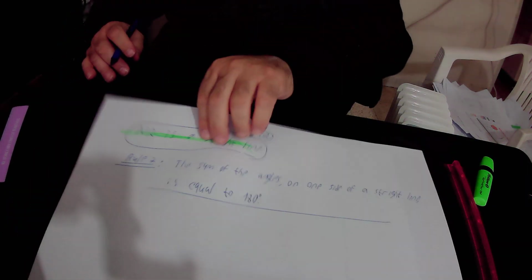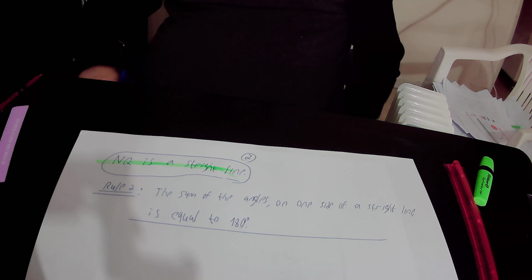I repeat again on rule number 2. According to rule number 2, the sum of the angles on one side of a straight line is equal to 180 degrees.